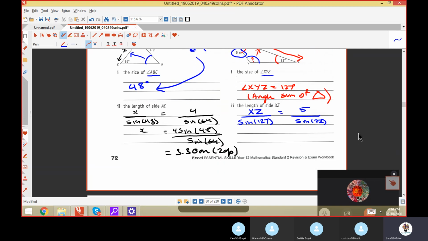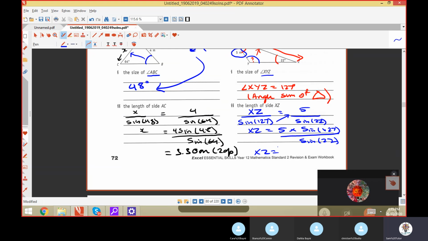And then we're back to square 1. What do you have to do with sine 127? Well, sine 127 divided XZ, we're going to multiply it up. So that just goes up. XZ is equal to 5 times sine 127 all over sine 22. And there we have it. Just calculator work at that point.